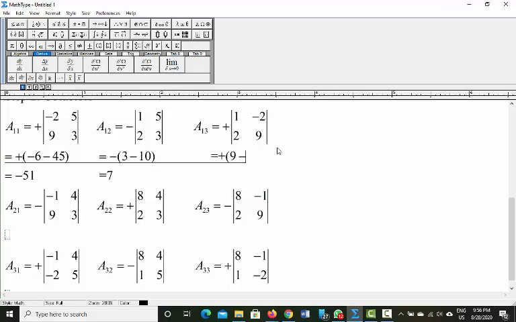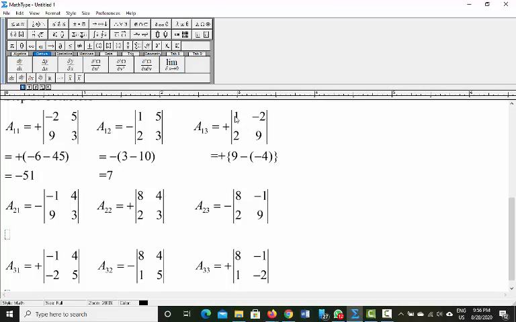Now we will multiply the left diagonal elements, this one multiplied by this one, that is minus 4. So here we have minus 4.